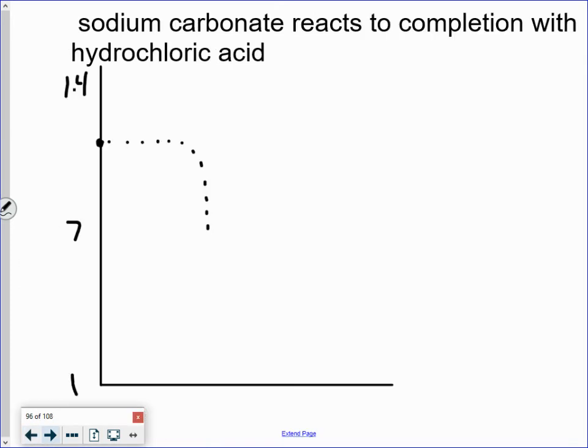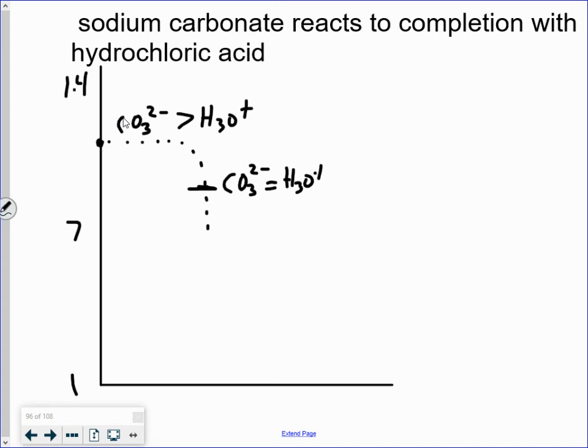So right here, we have the carbonate ion in greater concentration than the hydronium ion. At this point, we now have the carbonate ion equal to the hydronium ion. And then guess what? It's gone. But the hydrogen carbonate picks up the job, and it has a buffer zone as well.